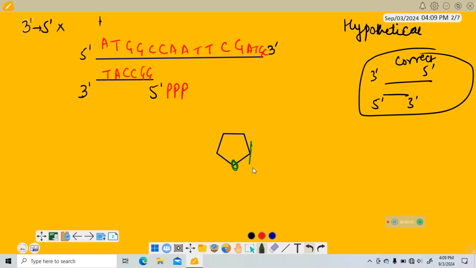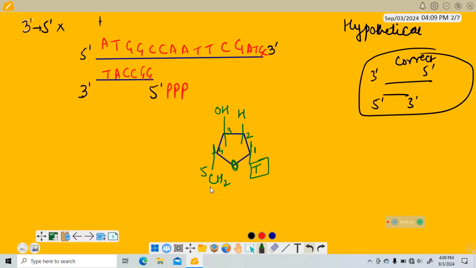Let's say we have a base adenine. This is the first position, this is the second position, H, third carbon, OH, third. We have to look at the third position. This will be the fourth carbon, and this will be the fifth carbon. How these positions are aligned is taught in the biochemistry part.